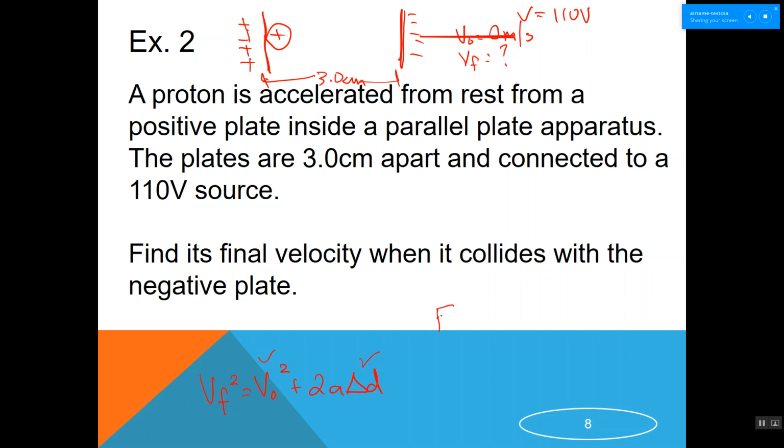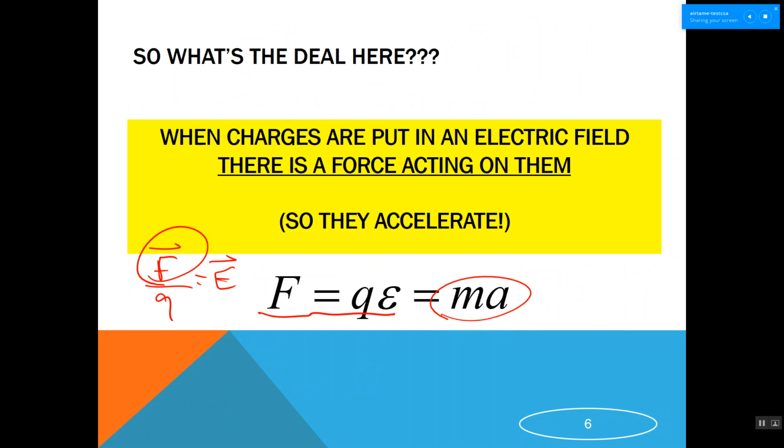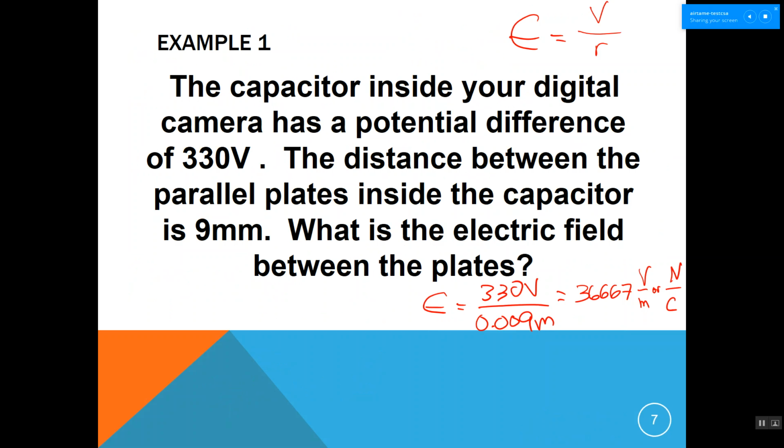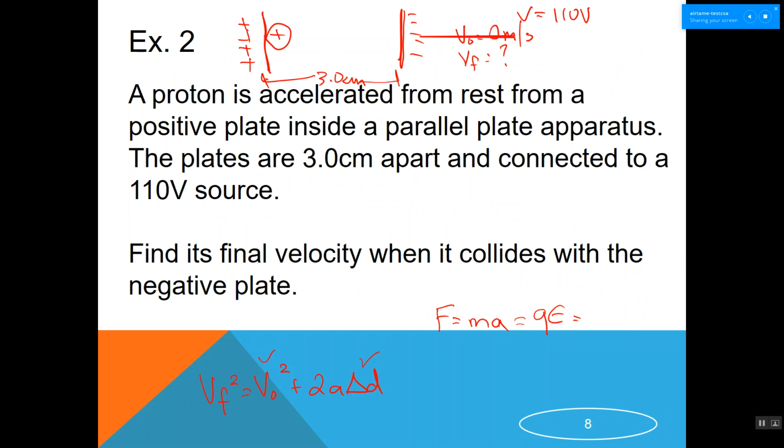So let's go there. Force is equal to mass times acceleration. What else is force equal to? Electric field times Q. Now, what do we know about electric field? Electric field, if we look here, is V over d. So Q times V over d.